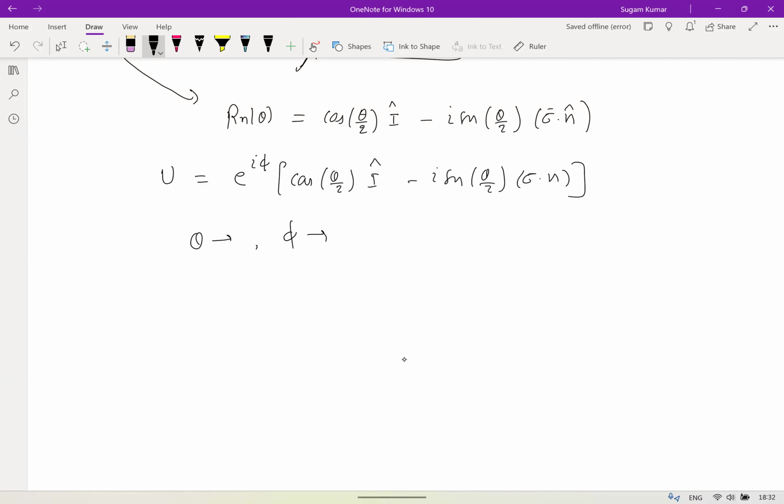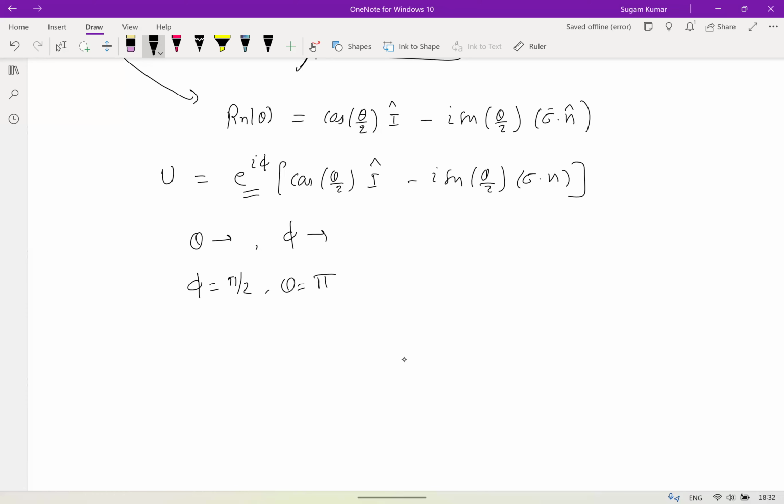So for example, think about if I take phi equal to pi by 2, I'm just going to simplify this equation, and then theta equal to pi. Accordingly, you can see that when you put phi equal to pi by 2, then this is going to be simply an iota term.